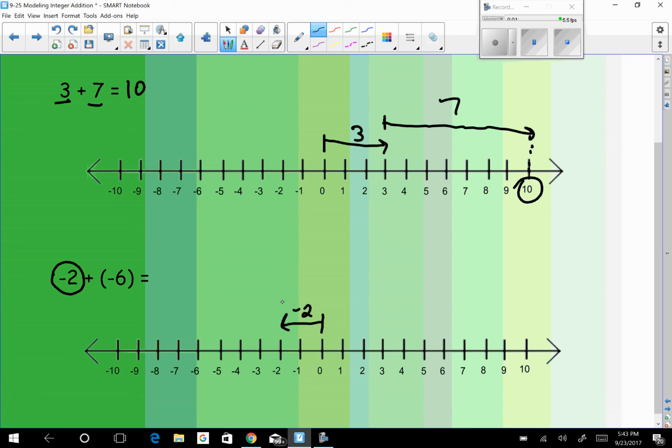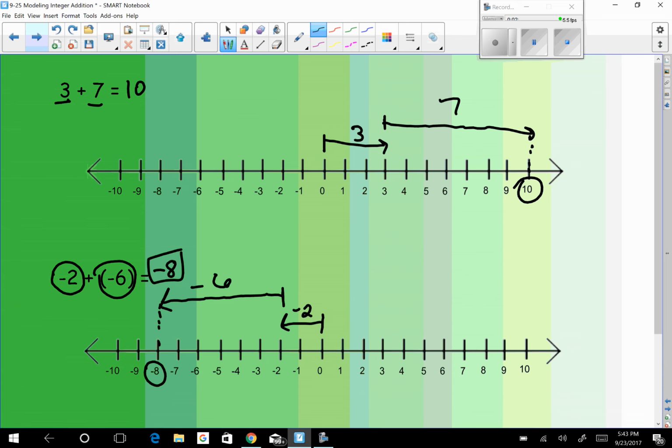Then right where this one ends, we're going to start our second arrow, and it is negative 6. So we're going to go 6 units to the left because it's negative. So 1, 2, 3, 4, 5, 6. And so this is negative 6, and it ends at negative 8. So negative 2 plus negative 6 equals negative 8.